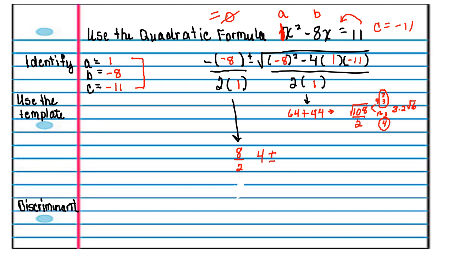So we end up with 6 square root 3 over 2. Simplify. We get 3 square root 3. Here's your irrational answer.